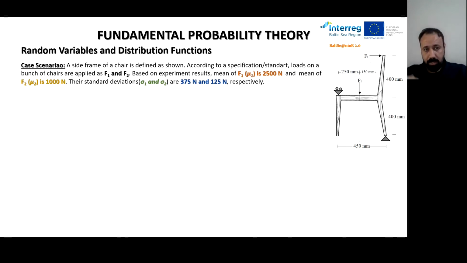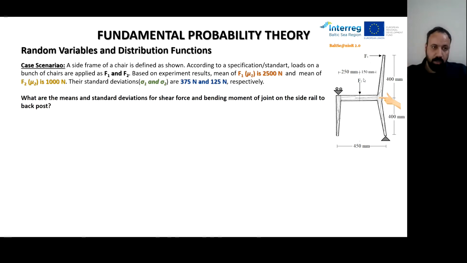Their standard deviations are 375 for F1 and 125 Newton for F2, respectively. So what are the mean and standard deviation of the shear force and bending moment of the joint on the side rail at the back post?